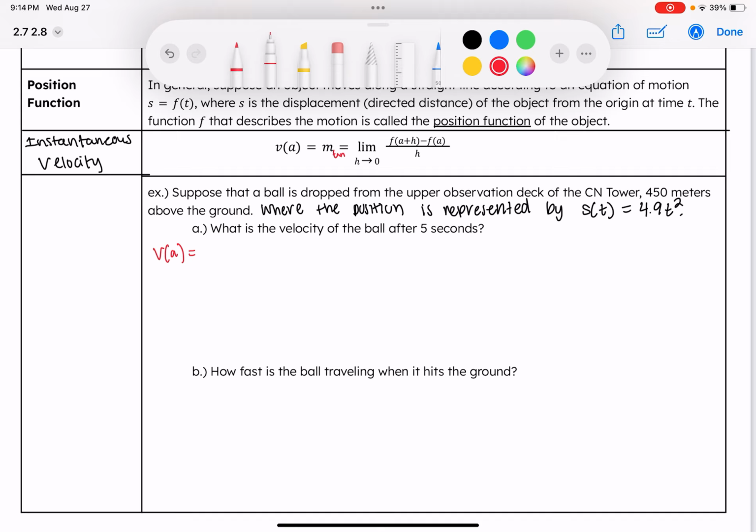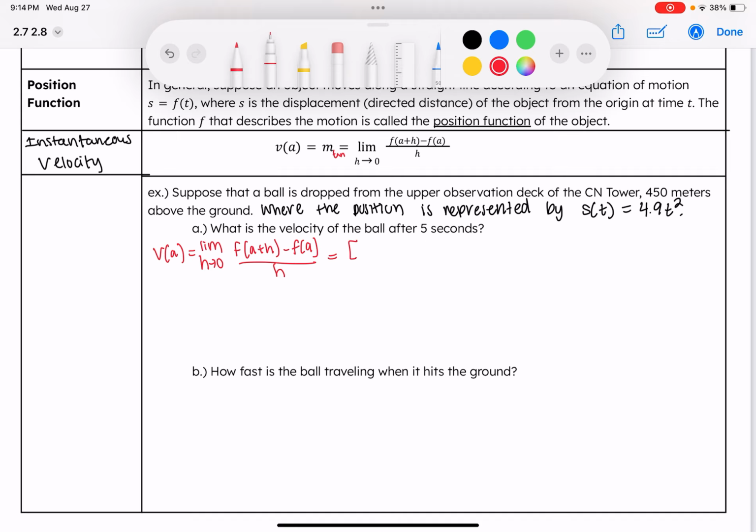Okay, so I'm using that limit definition: the limit as h approaches 0 of f of a plus h minus f of a, all over h. That's your limit definition. So I'm going to take my original function, and instead of having t there, I am going to substitute a plus h.